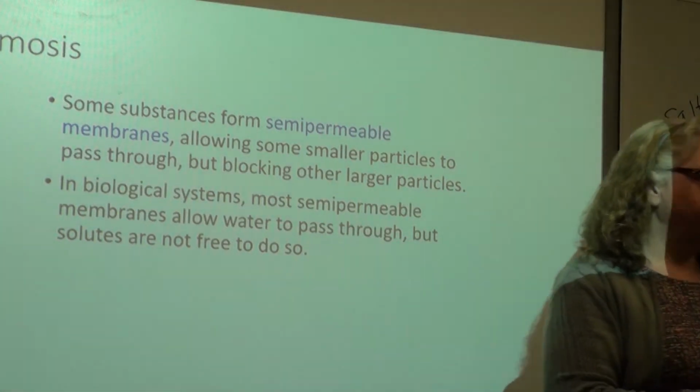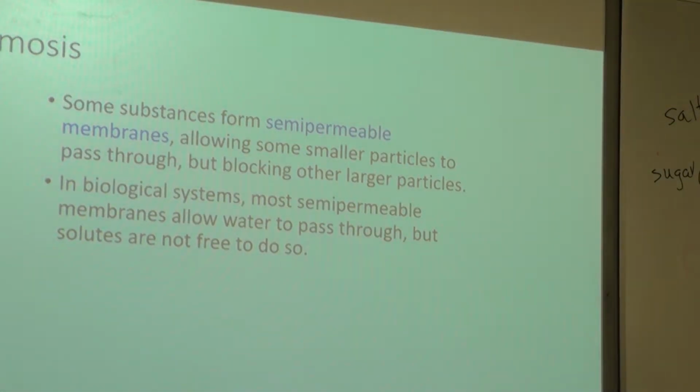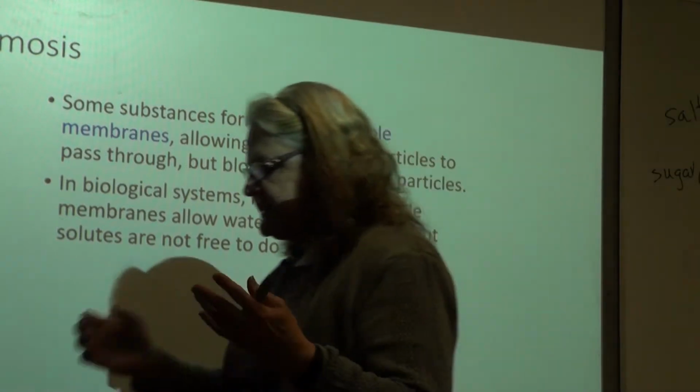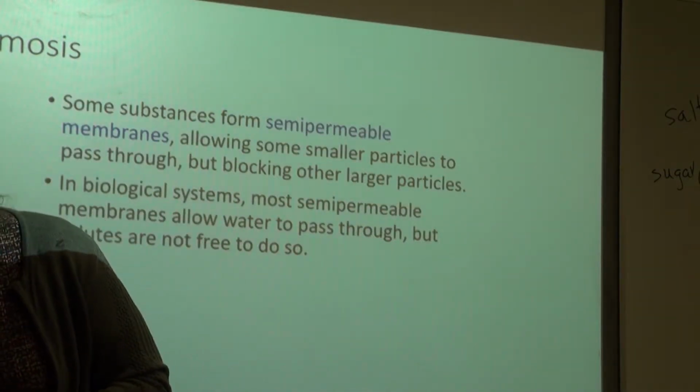Most semi-permeable membranes allow water to cross over and nothing else. They allow water through, but they don't allow any dissolved salts through, they don't allow hemoglobin through, okay? They don't allow anything through except the water molecules, all right? So the solute can't go through, just the solvent.